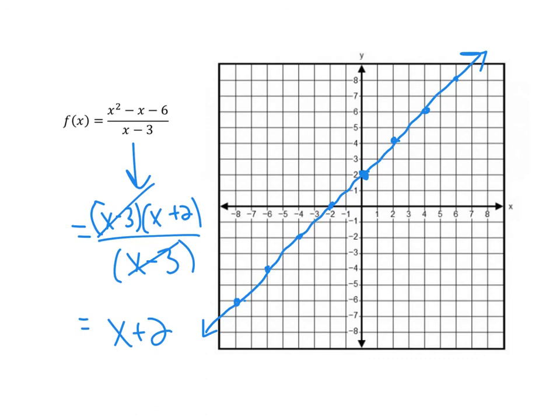However, we know that the value x equals 3 is not in our domain. So if we go to our graph where x is equal to 3, we're up here, we would not have a point at, in this case, 3, 5. We would put in a hole. And your function would look something like this.